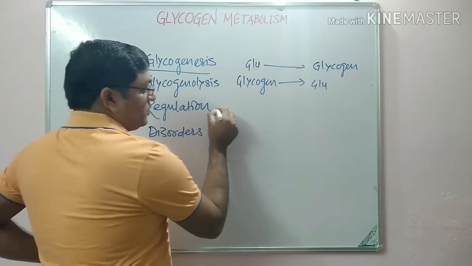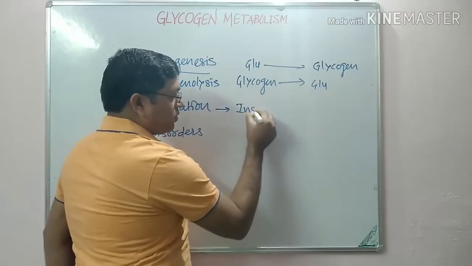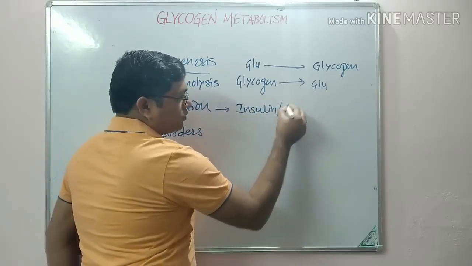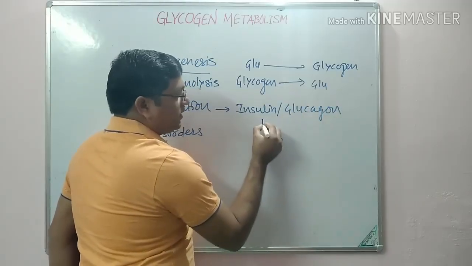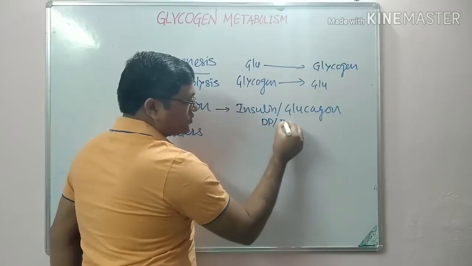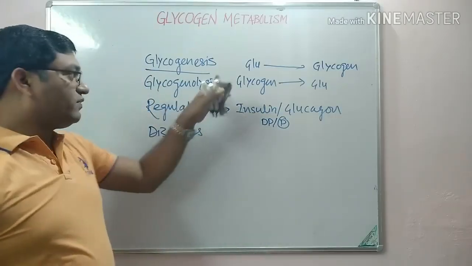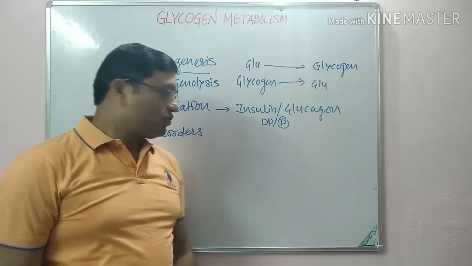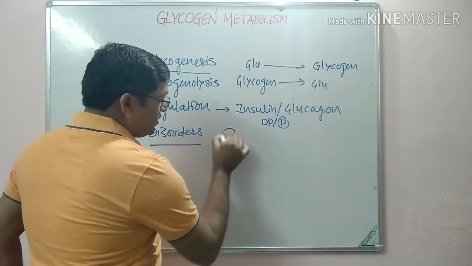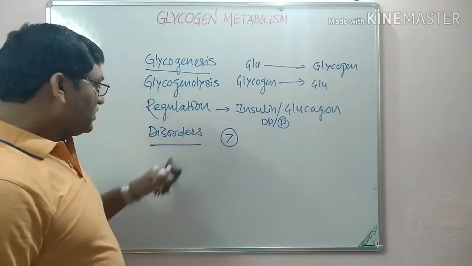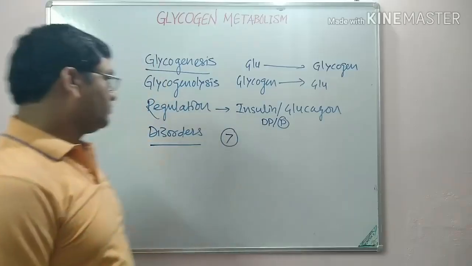Regulation is mainly by two hormones, that is insulin and glucagon, by dephosphorylation and phosphorylation of key enzymes which regulate the pathway of glycogenesis and glycogenolysis. And we'll discuss the 7 important disorders in glycogen metabolism, that is glycogen storage disorders.